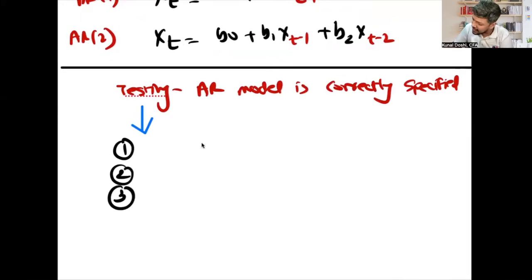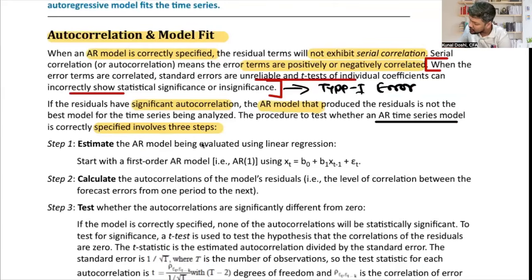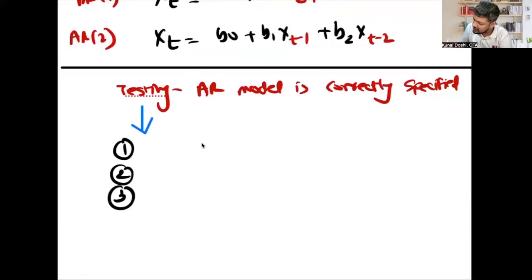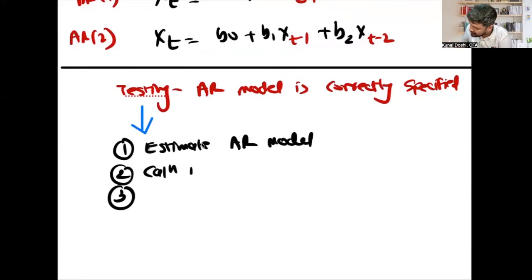First step, they are saying that we estimate the AR model that we want to evaluate. So first, we will estimate the AR model, which can be AR 1, 2, 3, any model. And then we will calculate the autocorrelation. Now, this calculation is nothing but calculating the error.